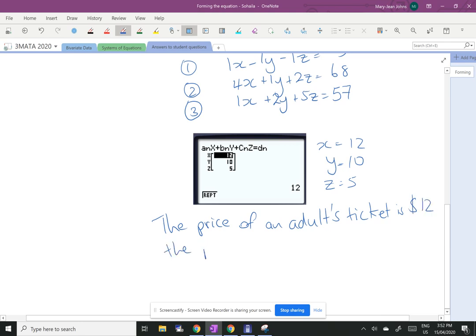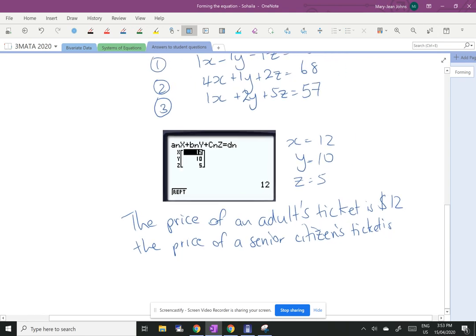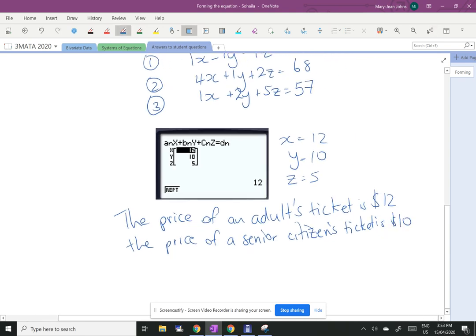The price of a senior citizen ticket is $10, and the price of a child's ticket is $5.